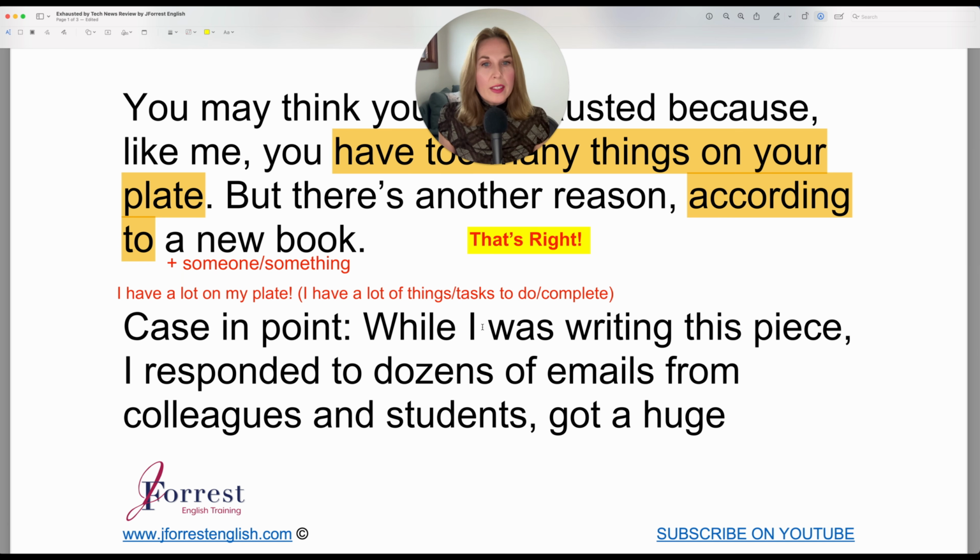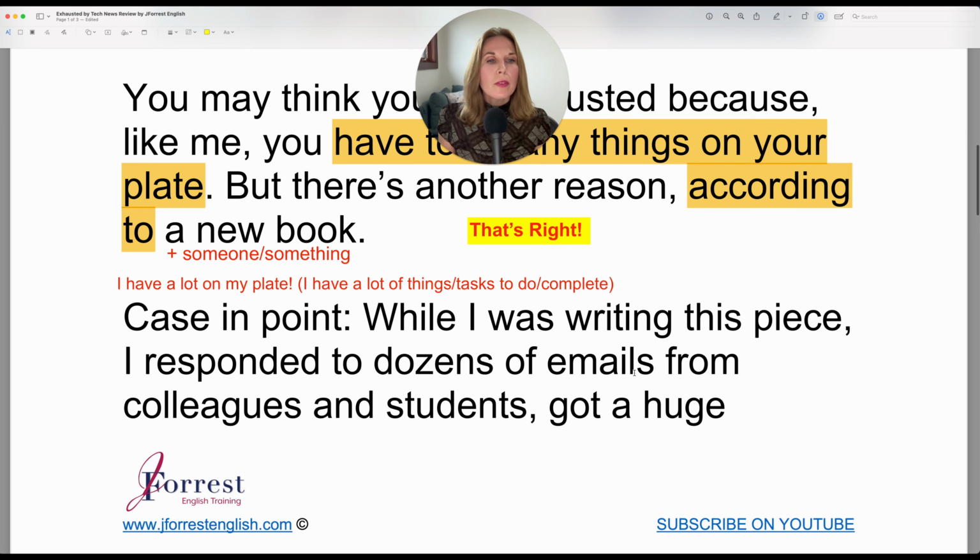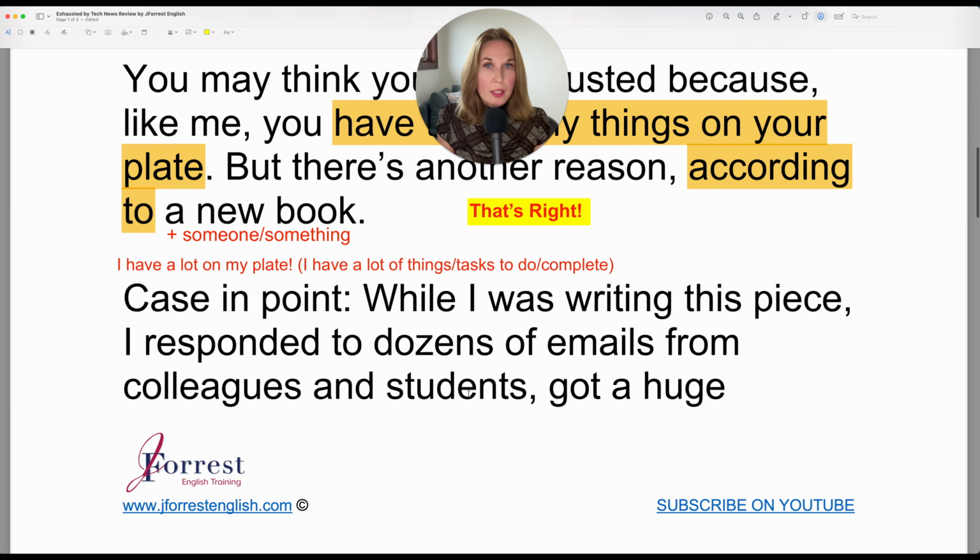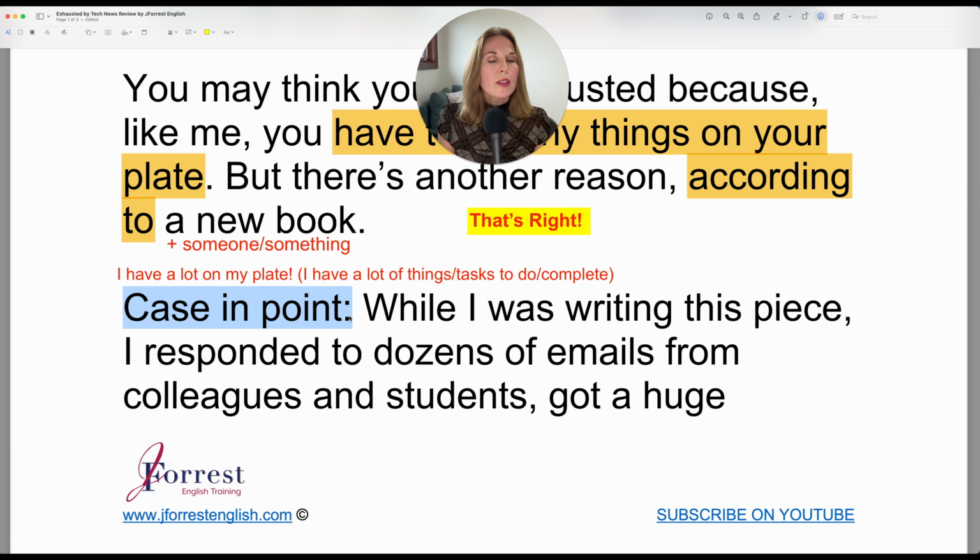Case in point, while I was writing this piece, I responded to dozens of emails from colleagues and students. Okay, let's review this. You might be wondering, why does it say case in point and then there's a semicolon? Case in point is used as a way of providing a specific example to support what you said.